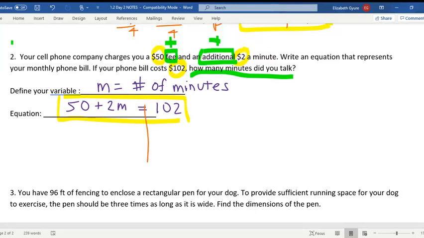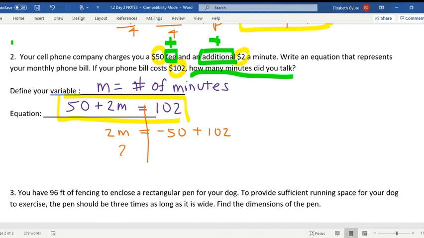So remember, variables stay on the left, numbers go on the right. Is 50 going to stay or go? It's going to go and become negative, right? 2m, is it going to stay or go? It's going to stay. And now we're on the number side. Would 102 stay on the number side or go? It's going to stay. So plus 102.